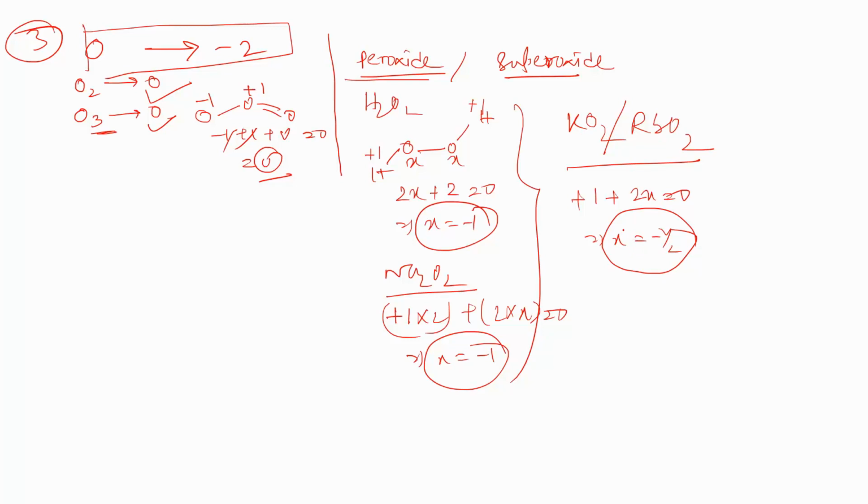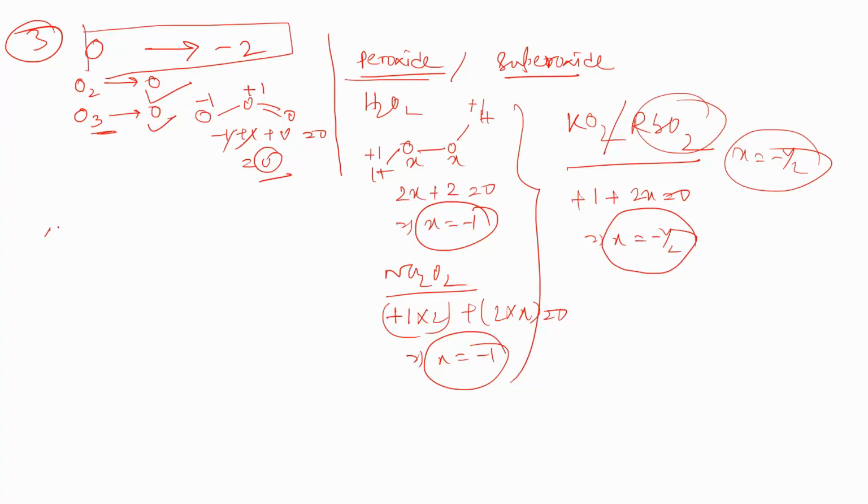Similarly, for rubidium, rubidium is +1, so it will also give the -1/2 oxidation state. So the superoxide is giving -1/2, and the peroxide case is giving -1. Basically, the oxidation state of an element depends on which type of element is attached.